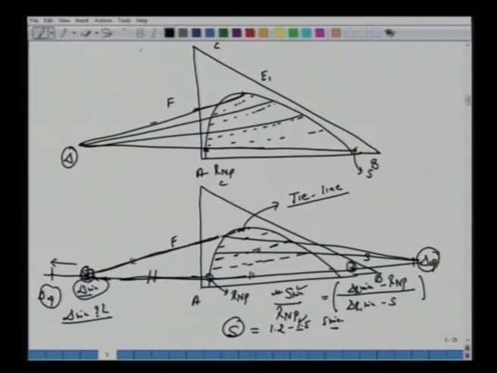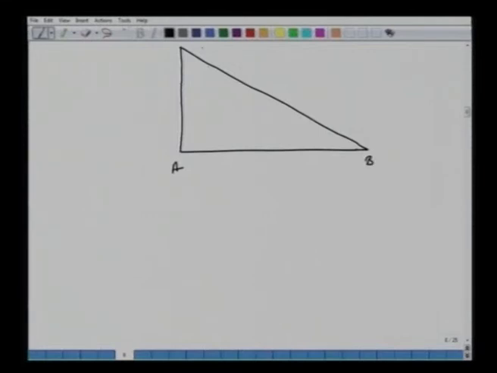This is a tie line which extends through F, and it meets the difference point, or it meets this line right here. Now we said that in general it's possible that all the tie lines, if you extend them, will be intersecting this line closer to this R and P, like this.